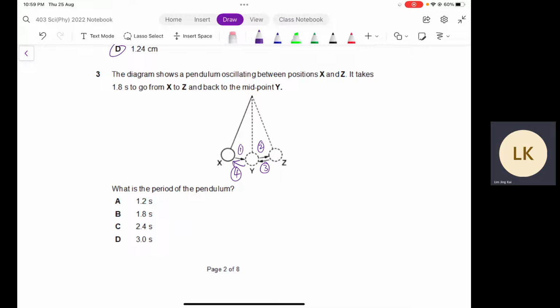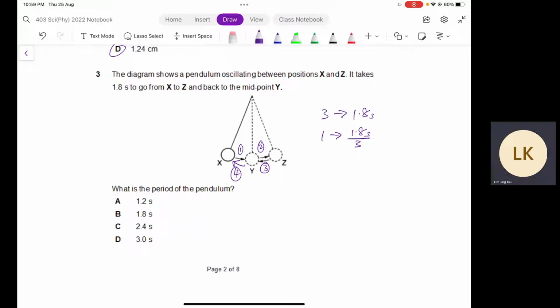So the 3 parts that we have take 1.8 seconds to travel, the 3/4 of the journey. But now I need to find the total, which is the 4 parts of the journey.